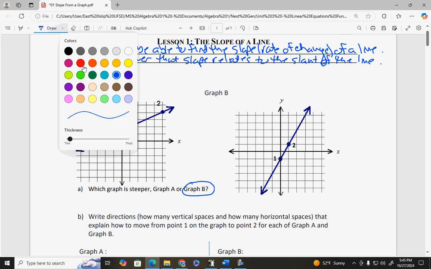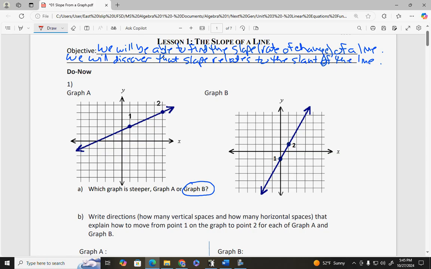So I'm just going to pick a color that stands out. We'll use red. And to go from point 1 to point 2, it says how many vertical spaces, meaning how much up do I have to go, and then how much over do I have to go to get from point 1 to point 2.